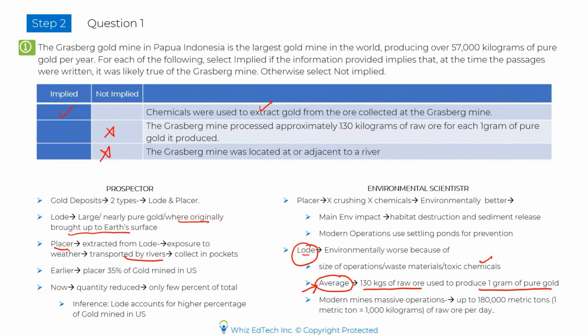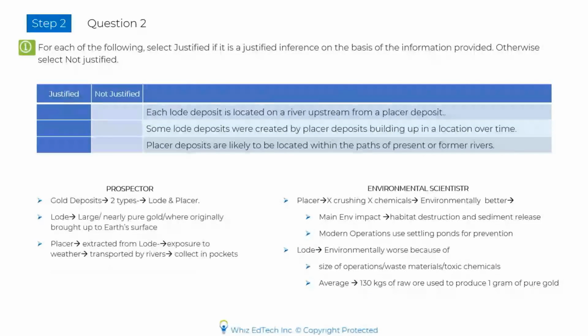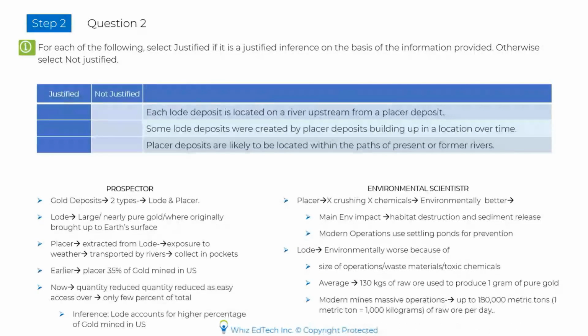In some mines, a few kilograms less of raw ore also might be used. How much Grasberg mine processes approximately, we don't know. That is not understood. So that is why it is not implied. I hope that is clear.